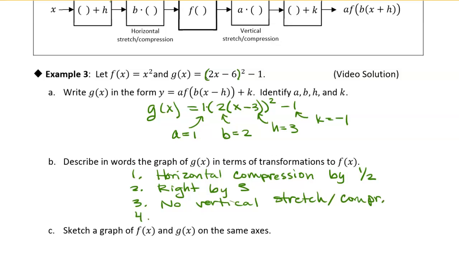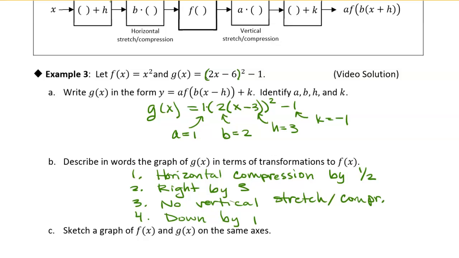And then finally, we're going to describe the vertical shift. Vertical is up or down, where k is negative 1. So we're going down by 1 unit, because it's negative, so down. If it was positive, it'd be up.